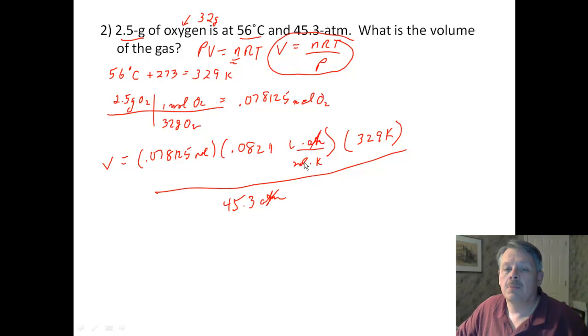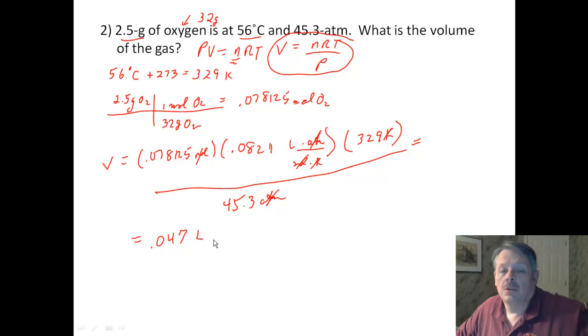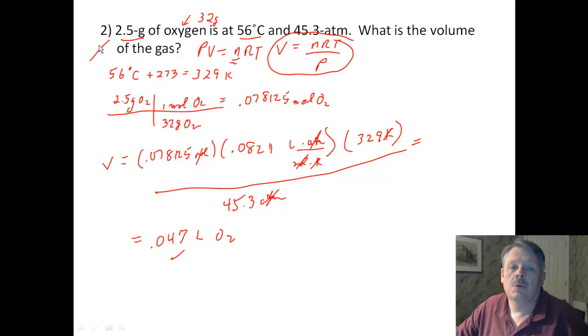My atmospheres cancel, my moles cancel, my Kelvin cancels, so I'm left with liters, which is what I would expect for volume. So my volume is 0.047 liters of O2. And why only 2 sig figs? Well, because I've only got 2 sig figs in my problem. So that all makes sense.